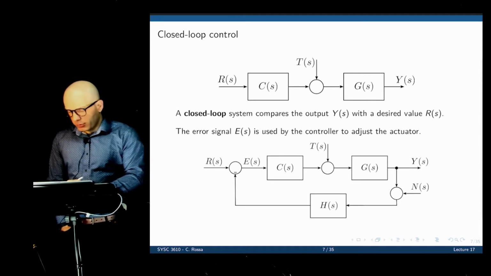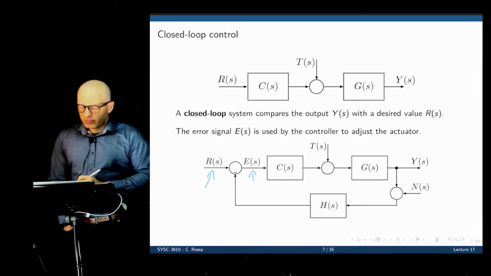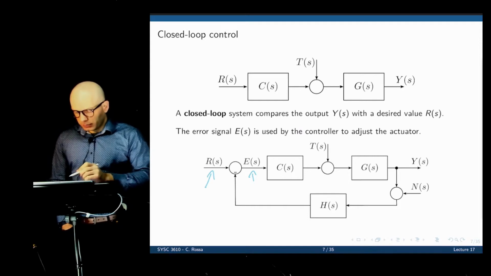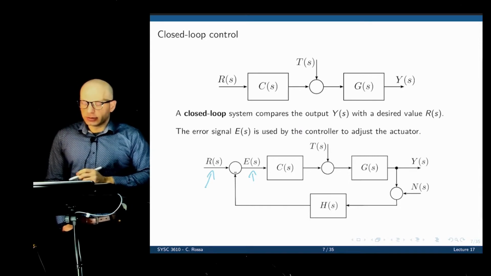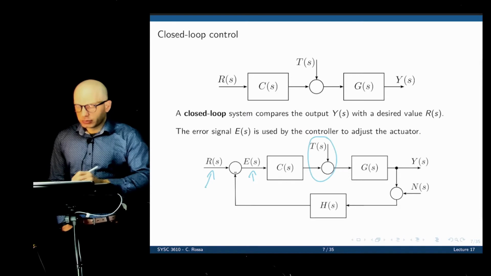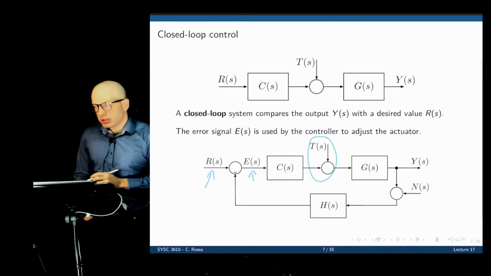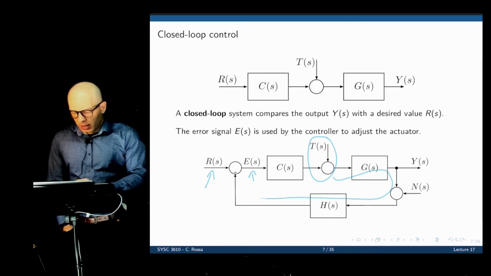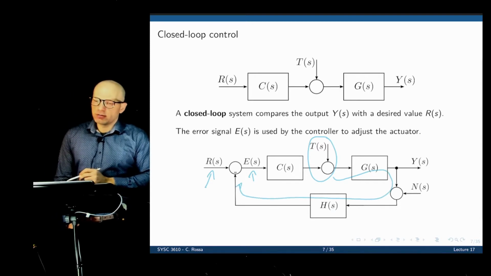We have the input. We take the input and compare it with the current output. We calculate an error. The error is given to the controller. The controller applies that to the plant, but the plant is subjected to the disturbance. But now notice here that the disturbance is taken into account indirectly through the feedback loop.